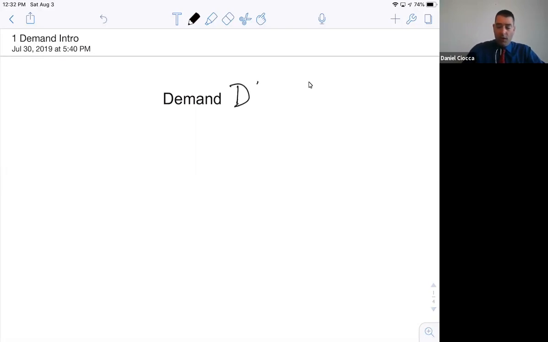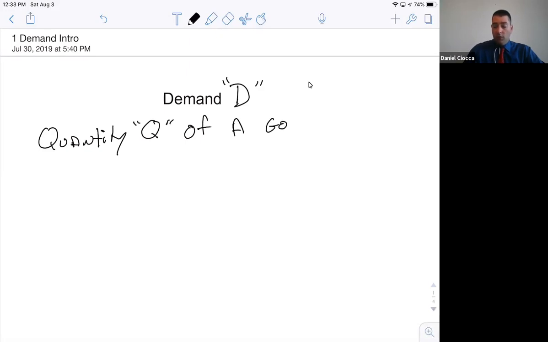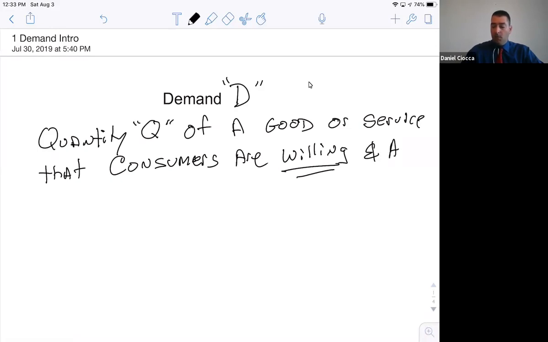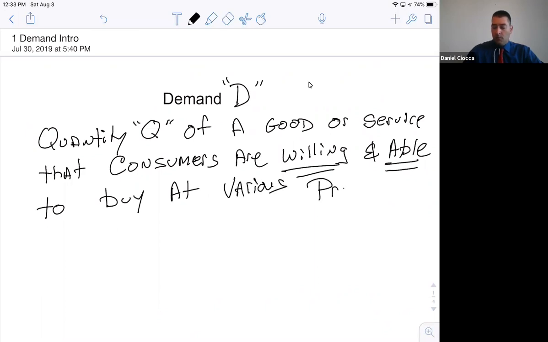Demand, henceforth abbreviated capital D, is very simply the quantity, henceforth abbreviated capital Q in economics, of a specific good or service that consumers are, and here's two really important words, willing and able to buy at various prices, henceforth abbreviated capital P for price.